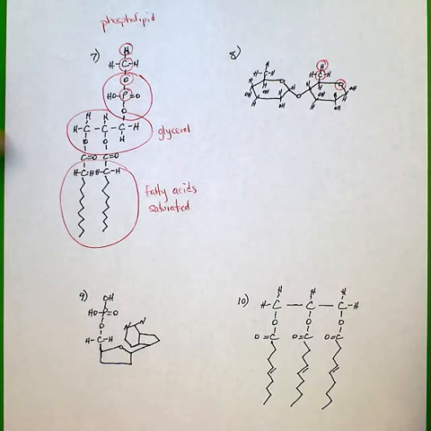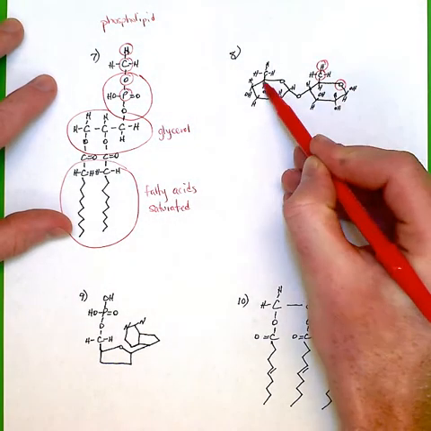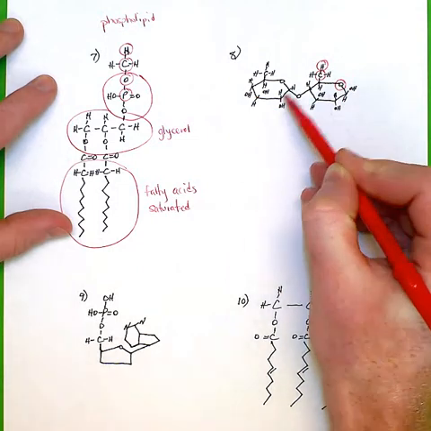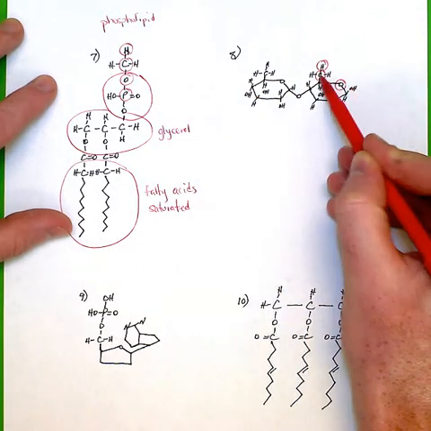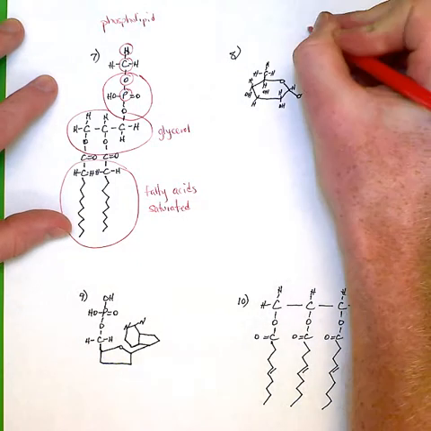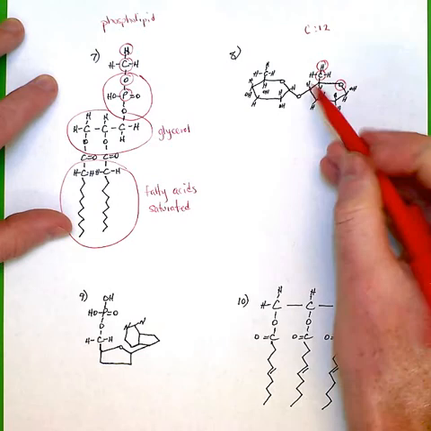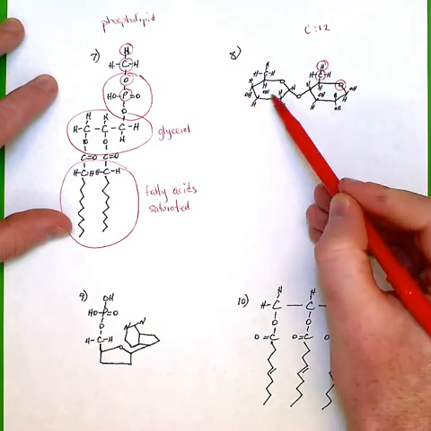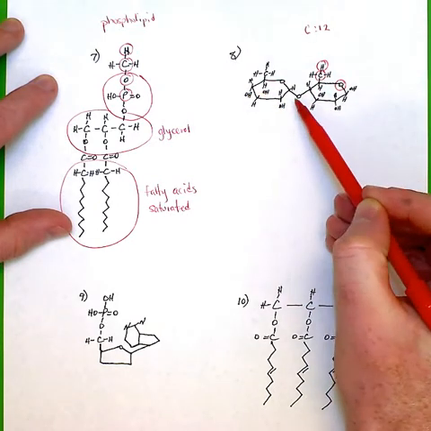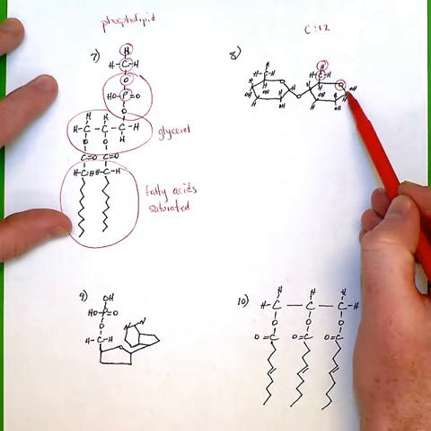So let's count. Carbons. 1, 2, 3, 4, 5, 6, 7, 8, 9, 10, 11, 12 carbons. And oxygen, 1, 2, 3, 4, 5, 6, 7, 8, 9.